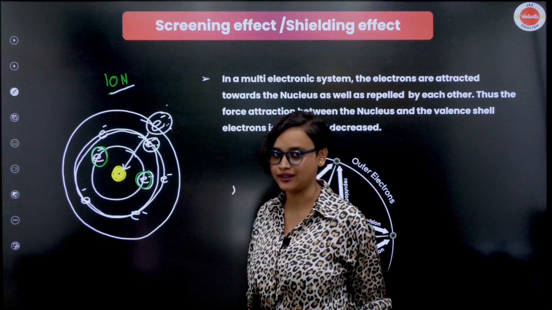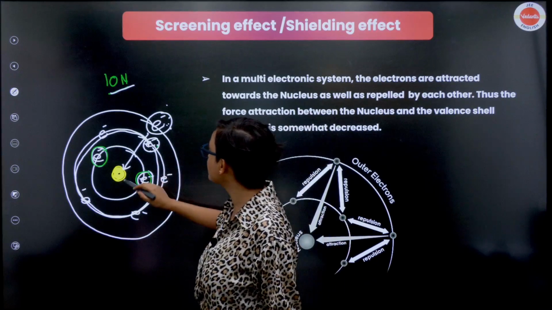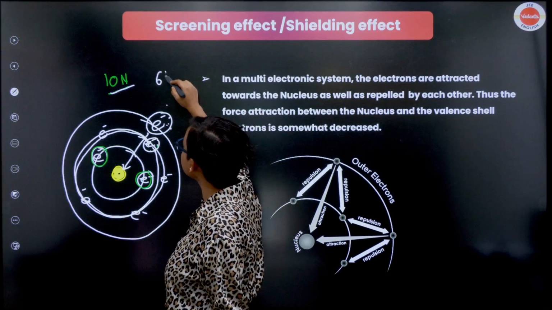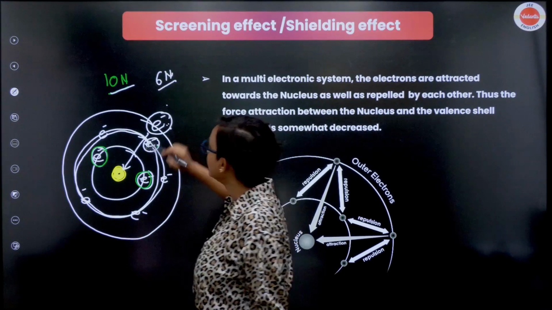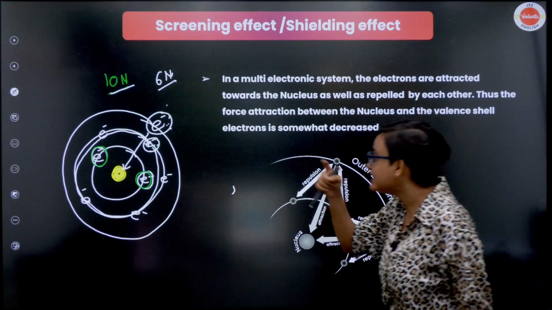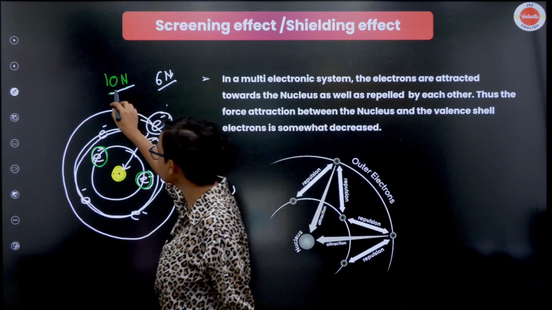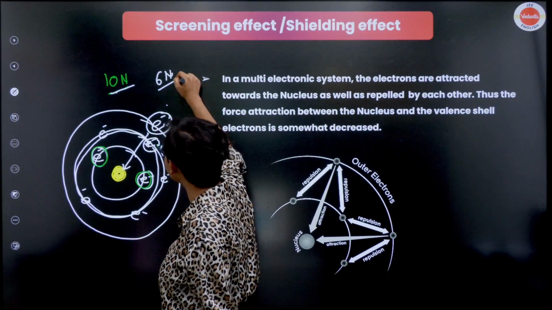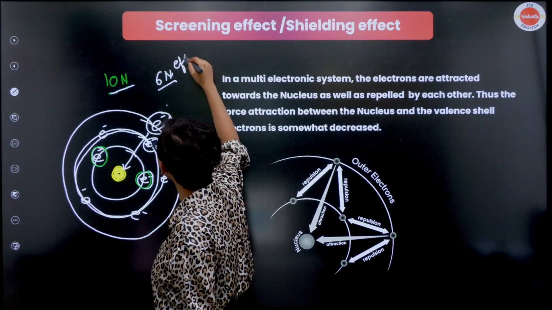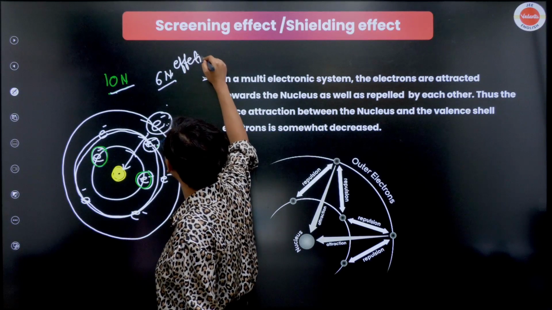But that's not happening. Actually, because of all the repulsion, only 6 Newton is being catered to this electron. This fact, that 10 Newton was exerted and 6 Newton reached, is called the effective nuclear charge.